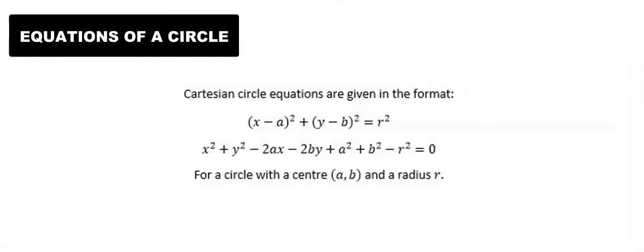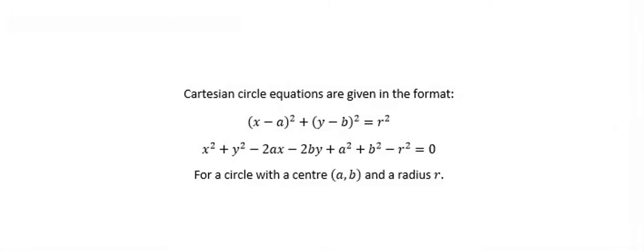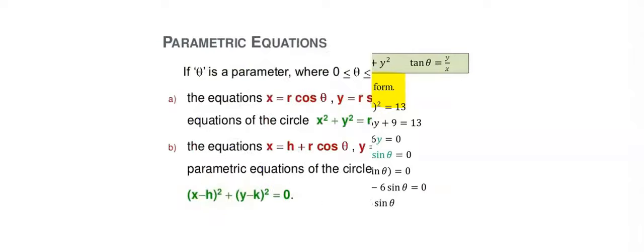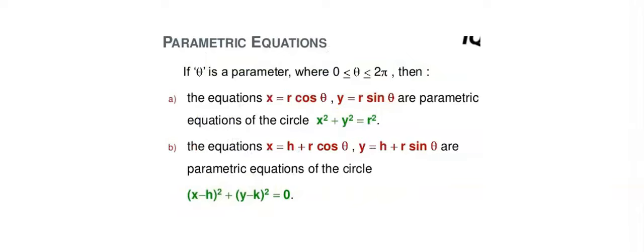And some advanced topics. A circle has an equation. For example, the equation of a circle with Cartesian coordinates, the equation of a circle with polar coordinates, and the equation of a circle with parametric coordinates.